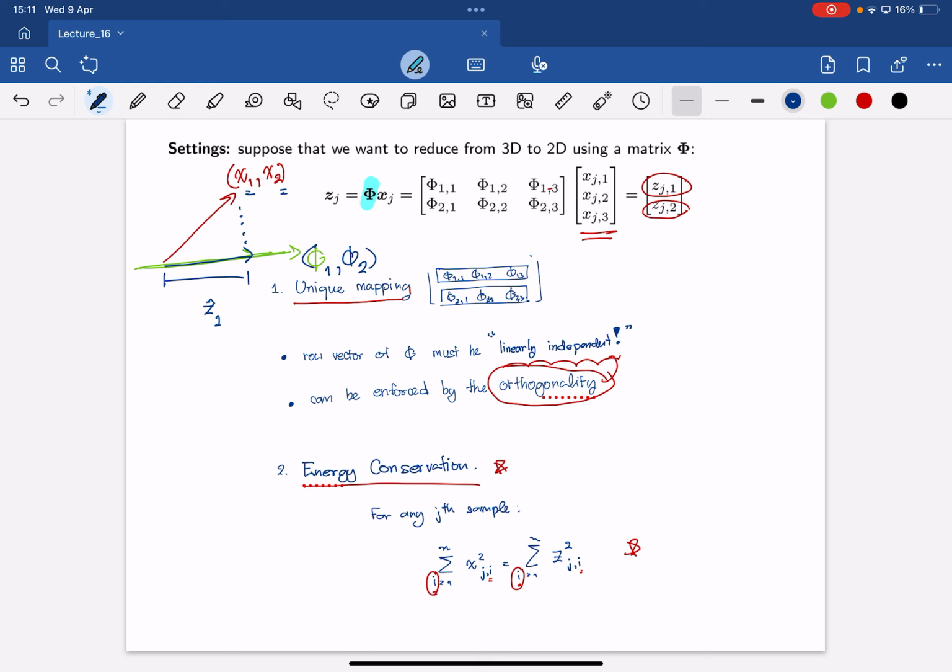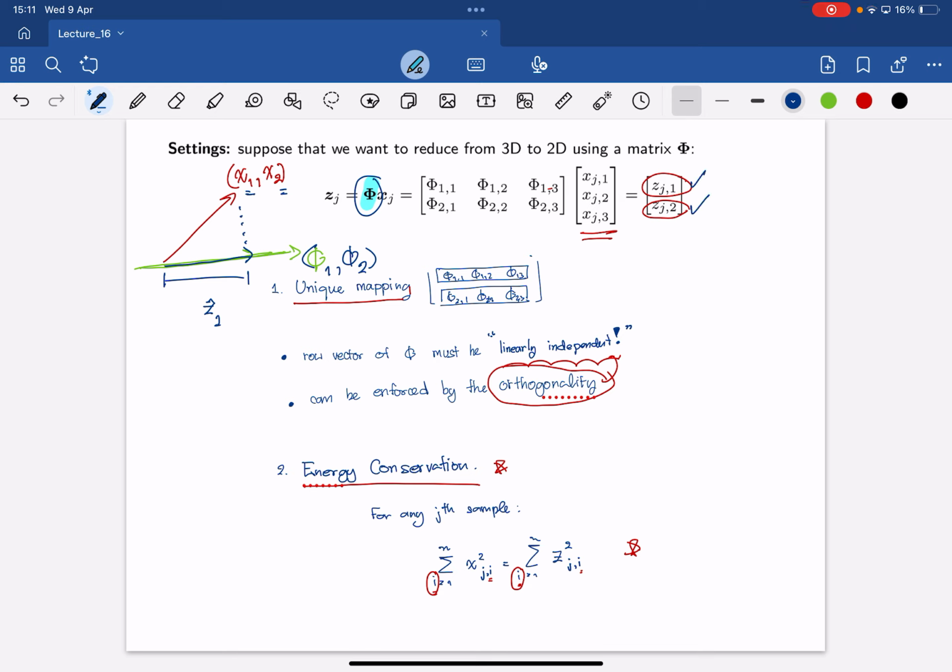Once you do the dot product, you have z1 between the 2 vectors. That is the main concept of principal component analysis. In other words, this phi matrix is the projection matrix that gives you the new principal components, or the new coordinates.